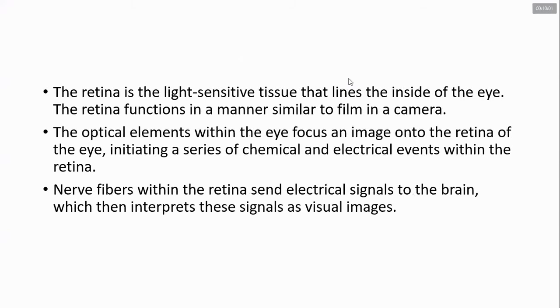The optical elements within the eye focus an image on the retina, initiating a series of chemical and electrical events within the retina. The nerve fibers within the retina send electrical signals to the brain, which then interprets these signals as visual images.